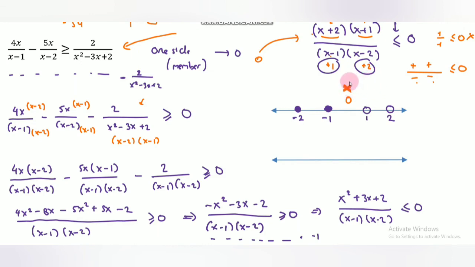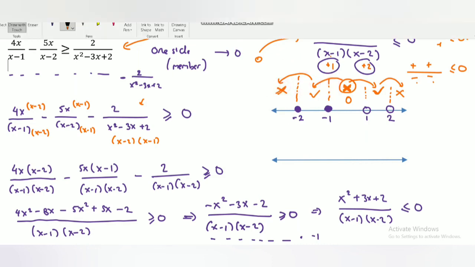Now I will use the moving thing. If I'm moving to the right side, I'm passing one factor, which is x plus 1, so it must satisfy. And from here, by moving to the right, I'm passing one factor x plus 2, so it won't satisfy. So go back to here. If I'm moving to the left, I'm passing x plus 1, which is only one factor, so it will satisfy. If I'm moving here, I'm passing one factor, which is x plus 2, so it won't satisfy.